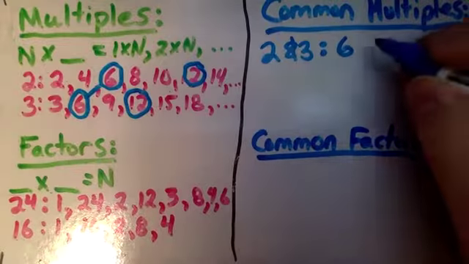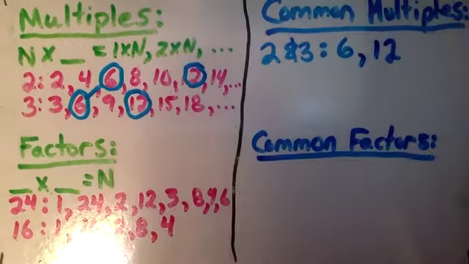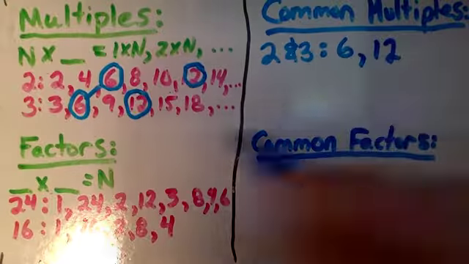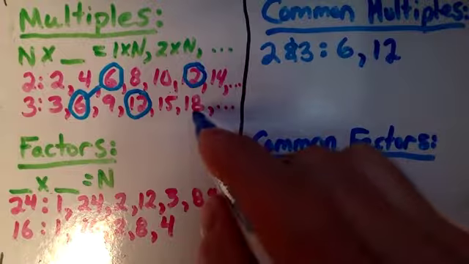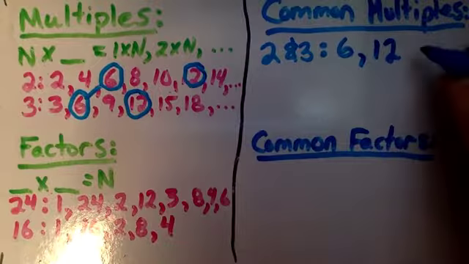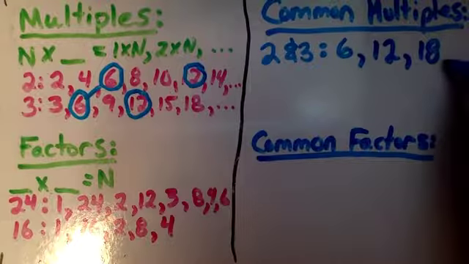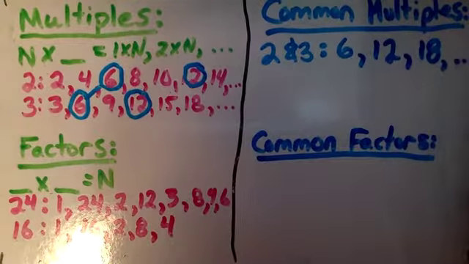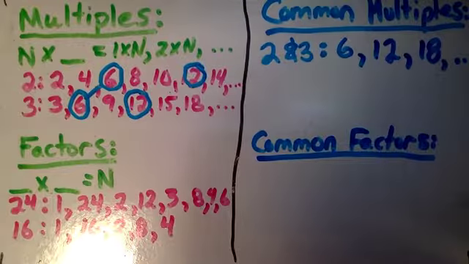So 12 is also a common multiple of 2 and 3. If we continue to go up, you would find that 18 would be a multiple of 2, and 18's here, so you could also include that. And they keep going. So we've got these common multiples of 2 and 3.